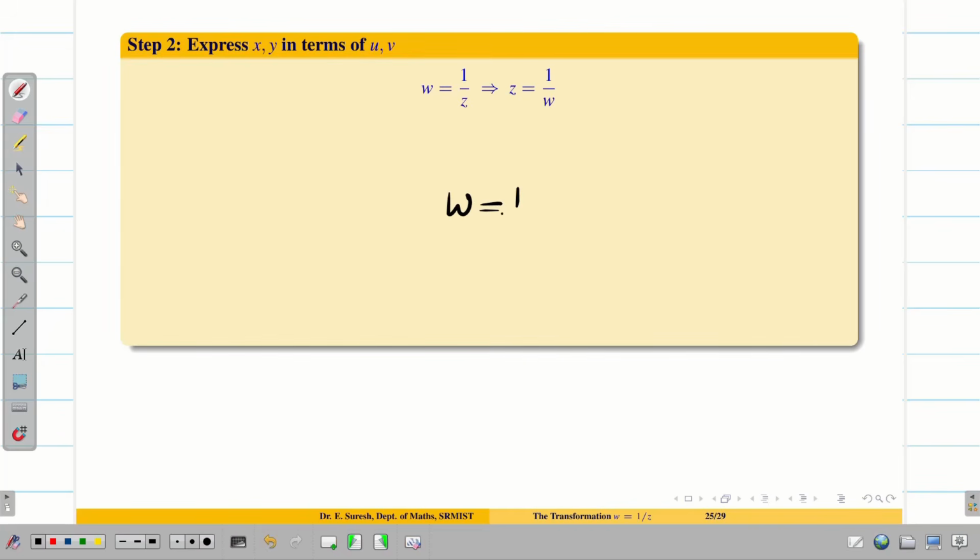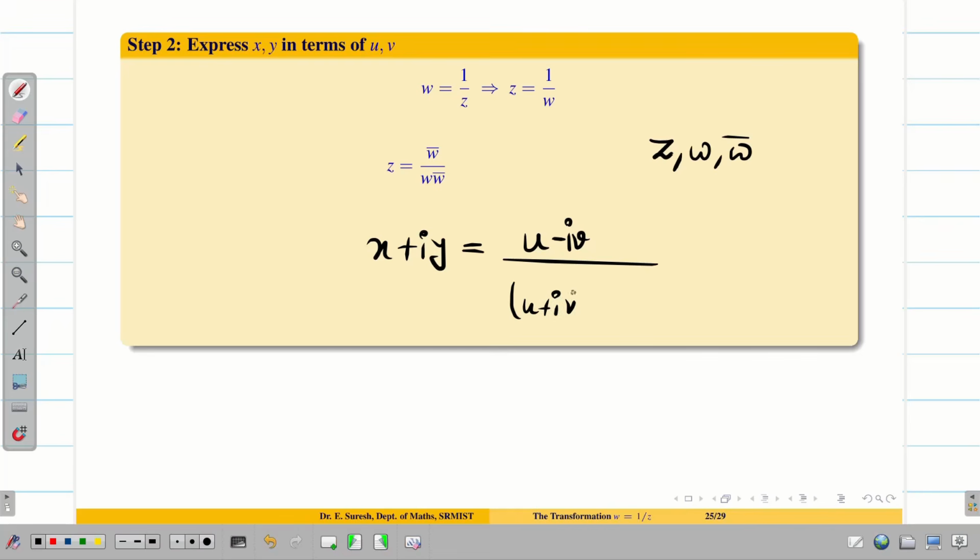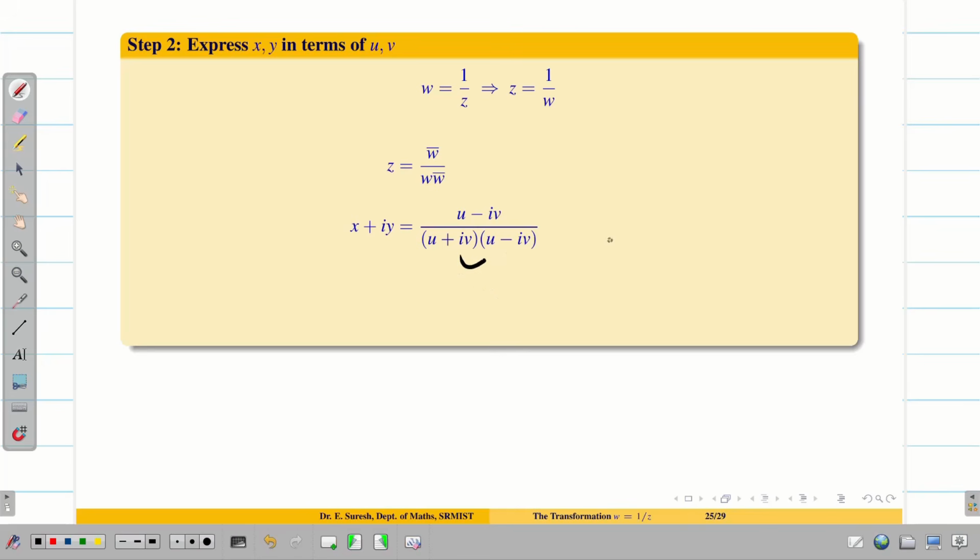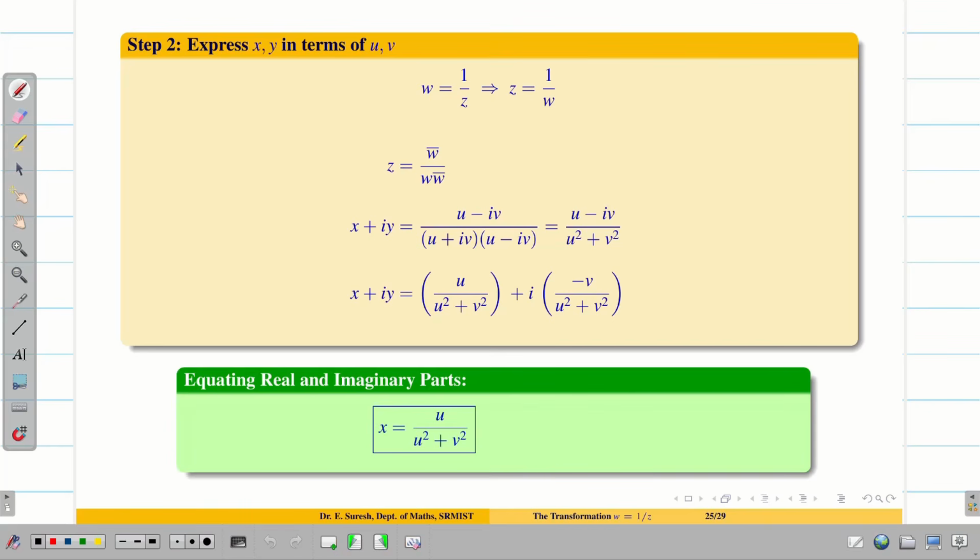For this, we are taking w is equal to 1 by z, simplifying that, rewriting as z equal to 1 by w, multiplying and dividing by the conjugate w bar and substituting the value of z, w and w bar, we get x plus iy is equal to u minus iv divided by u plus iv into u minus iv. We know that u plus iv into u minus iv is u square plus v square. In the numerator, we have u minus iv. Now splitting this, I can easily find the real and imaginary part.